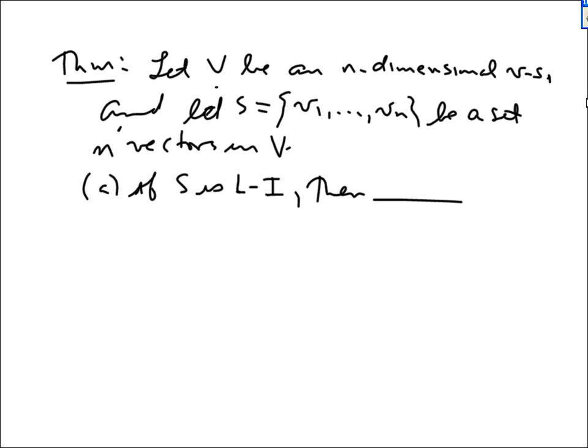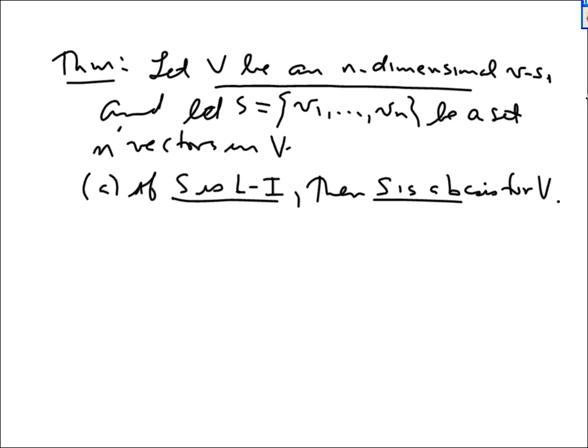If V is n-dimensional, then a basis for V will have n vectors and they're linearly independent. If S is linearly independent and S has n vectors, then S is a basis for V.